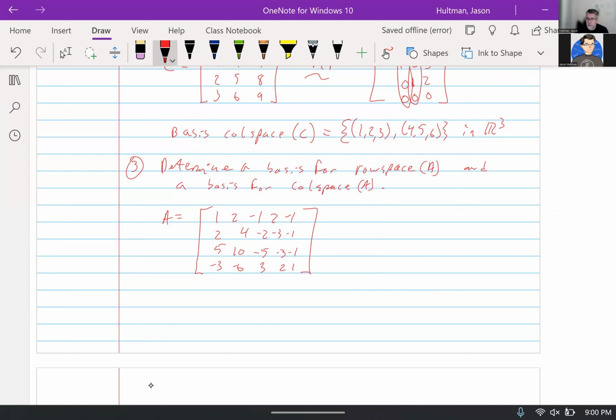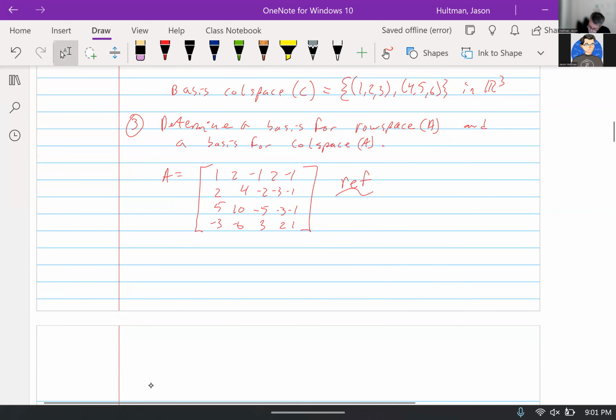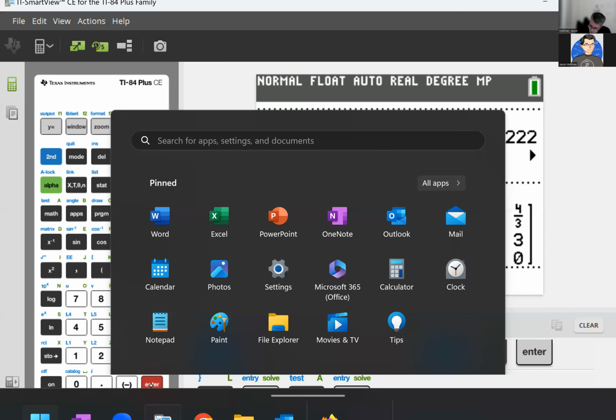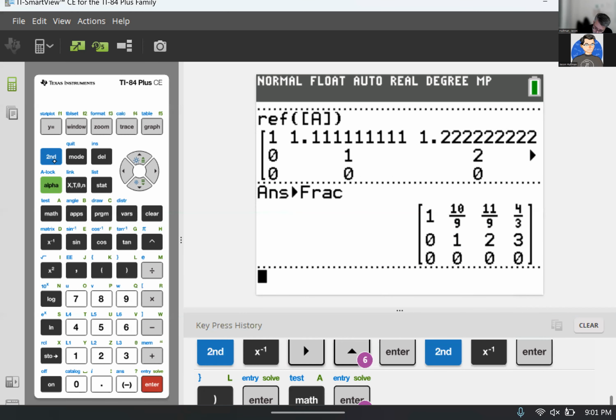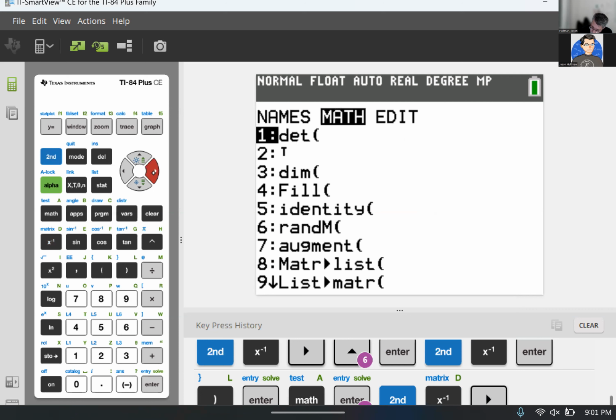Now since we're locked into the matrix, again, they don't give us the vectors, and we don't get to choose the orientation of the vectors because we already have the matrix locked in. Then I'm going to REF this. Again, I'll go to my calculator to help me out. So the matrix, I want to edit this.